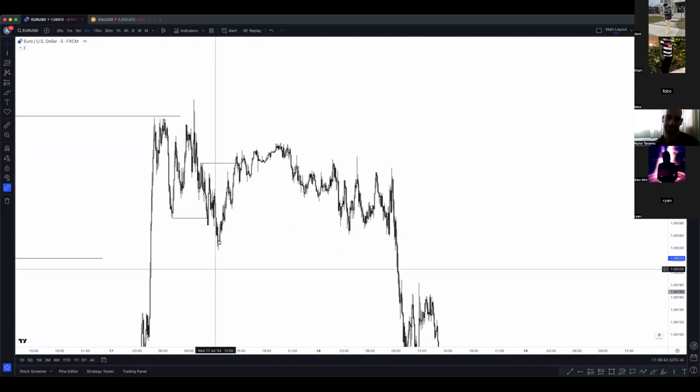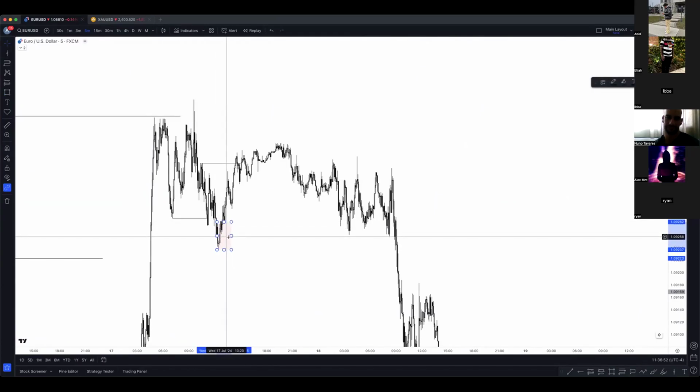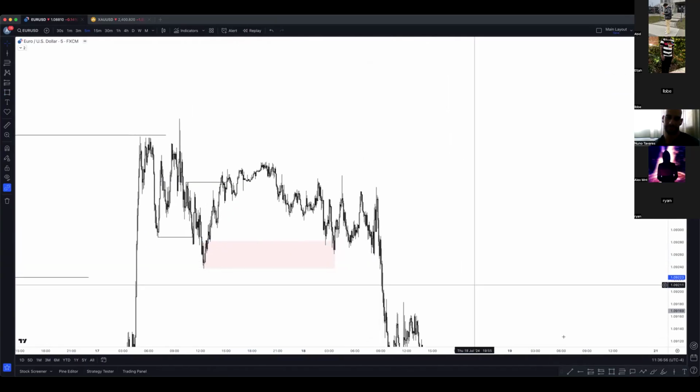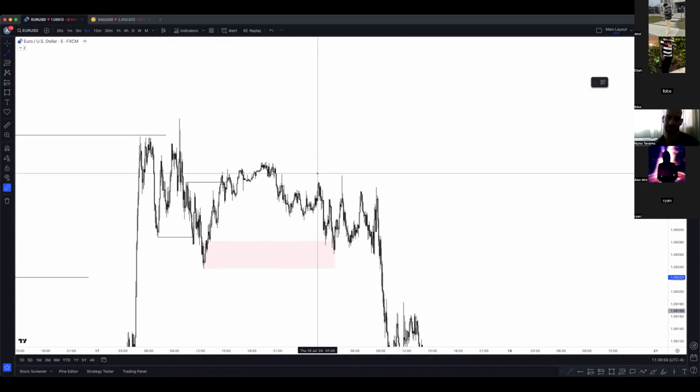Okay, the market comes here, respects this whole area. Okay, so the market respects this whole area right here. And then finally comes for this high, okay, trapping sellers.